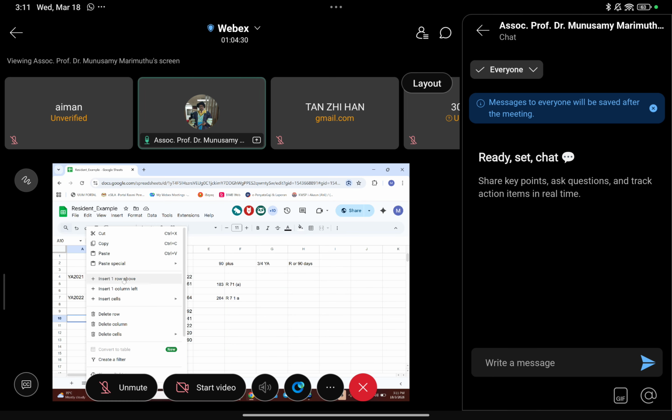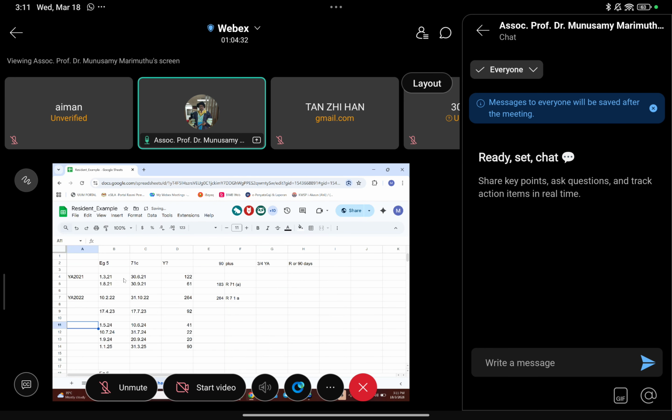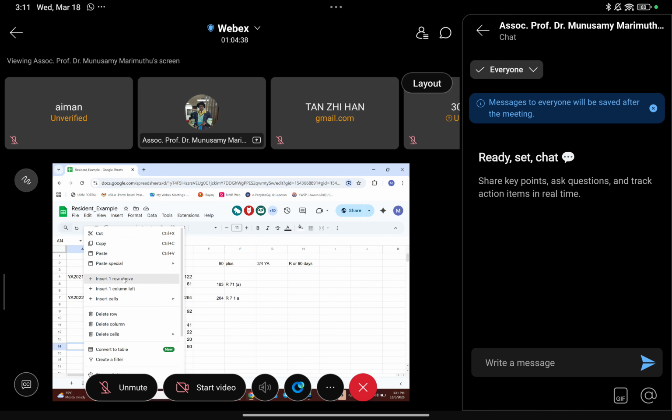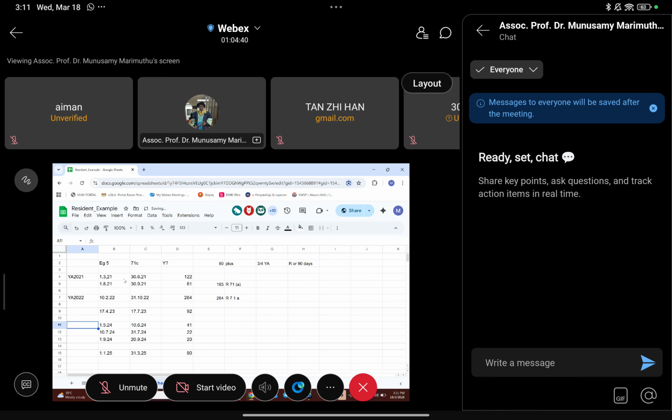It's a row above. Just make it faster. So YA2023, he has 92 days only. So he is a non-resident because it's not enough for residence.